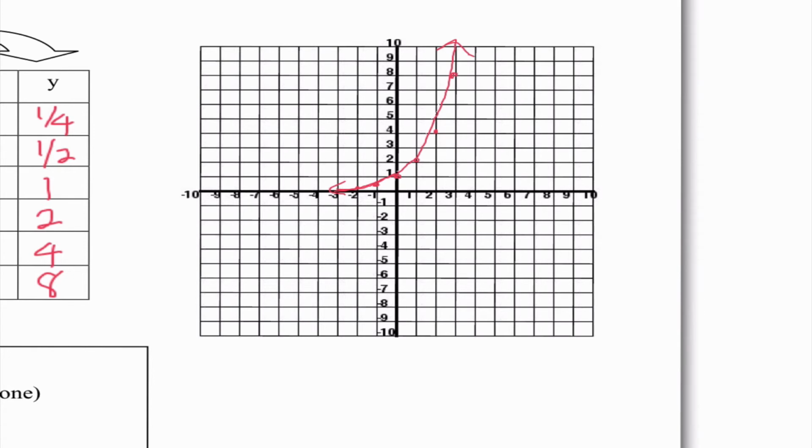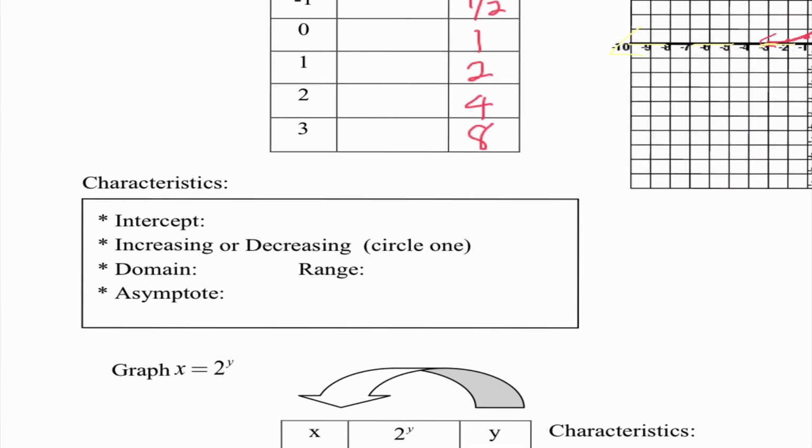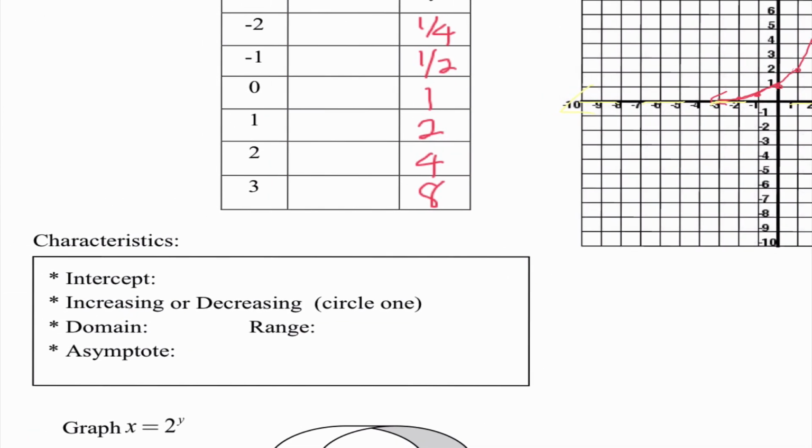Okay, there we go. The other thing we know is that there is an asymptote here that it's never going to cross. Okay, so our intercept. We know an intercept, the y-intercept is when x is 0, and we can look at our graph and see it. We can also look here, when x is 0, what's the y value? So our intercept is 0, 1.